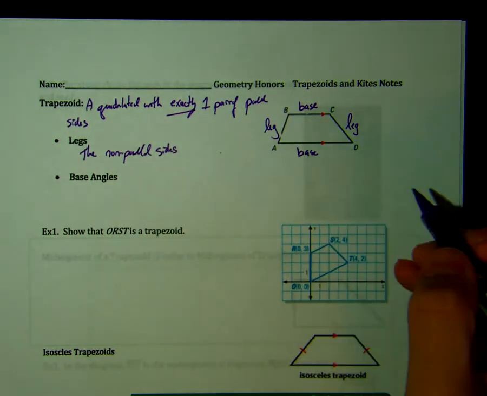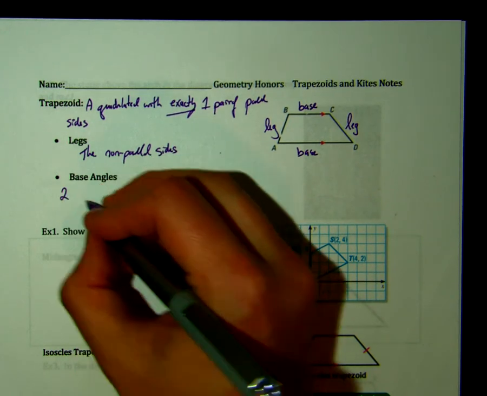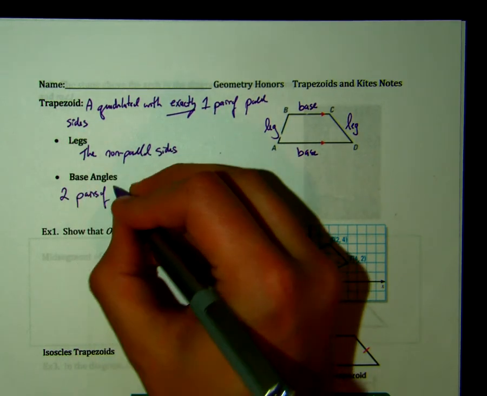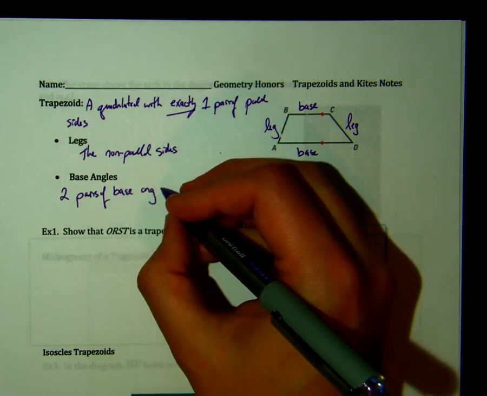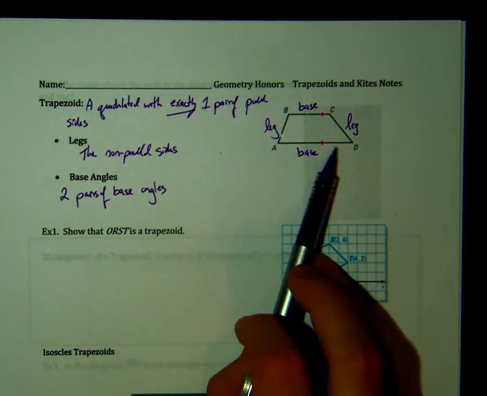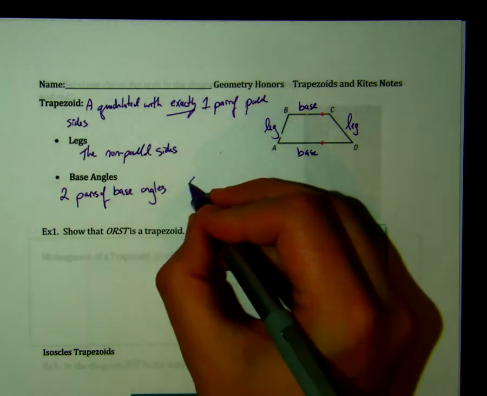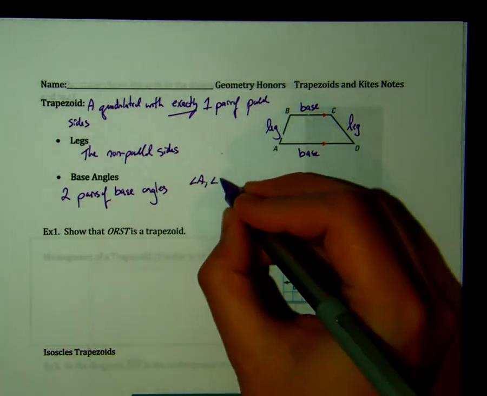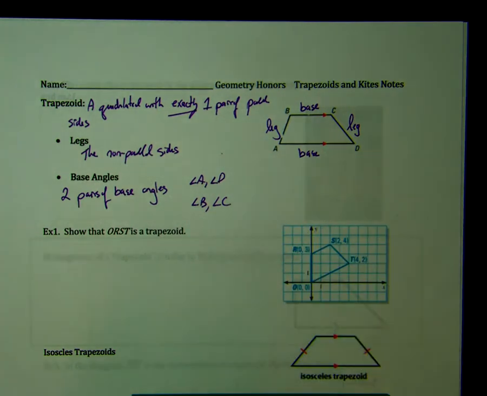And a trapezoid has two pairs of base angles. The base angle pairs are very similar to the idea in triangles. Wherever you have the base, here one pair of base angles are angle A and angle D. Another pair would be angle B and angle C. Just in a general trapezoid, these pairs don't really do anything useful.